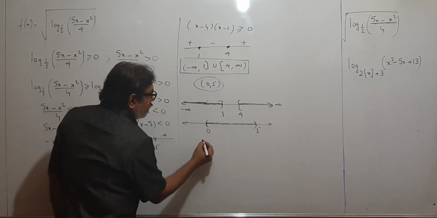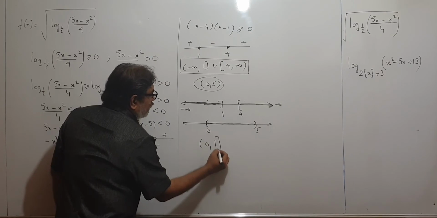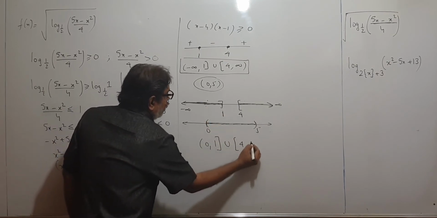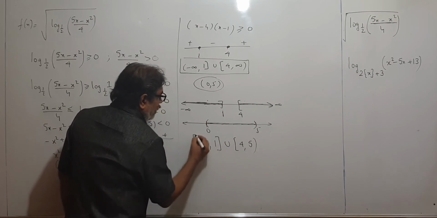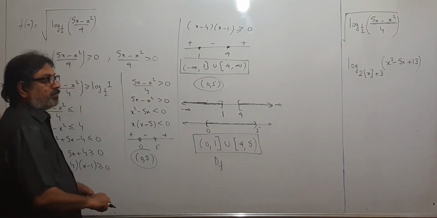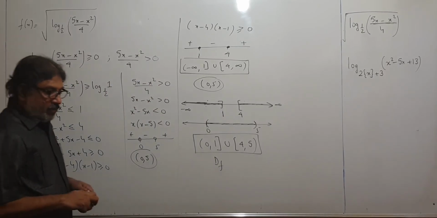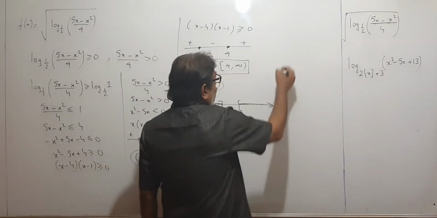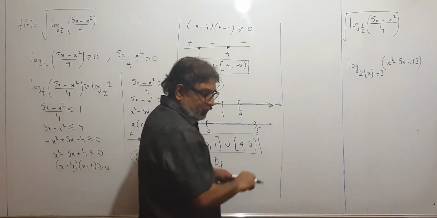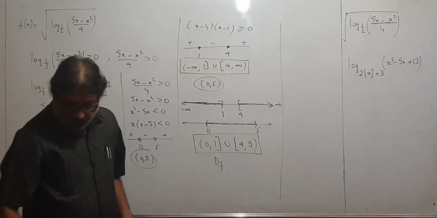What is the intersection? 0 to 1, 0 and 1 included, union 4 to 5. Domain. Right? Then C. Okay, please pause and copy. There is no place. Please pause and copy.